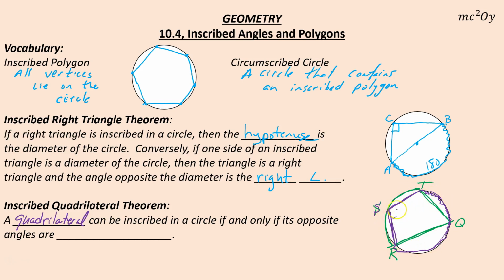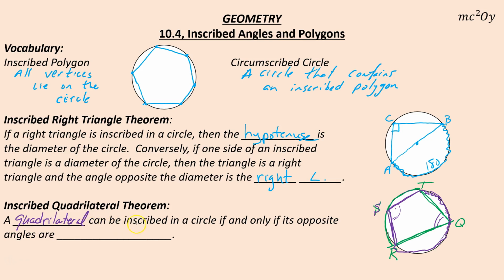Notice when I combine arc TQS, this arc, and this arc, that completes this entire circle. I know that this angle is going to be half of this arc, and this angle is going to be half of this arc. Those two arcs put together grab me a grand total of a full circle, or 360 degrees. So combining these two angles would have to be half of that, 360, which would be 180.